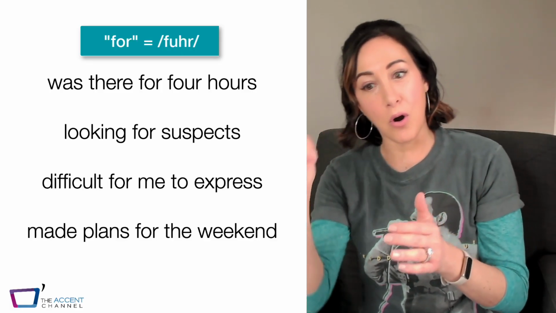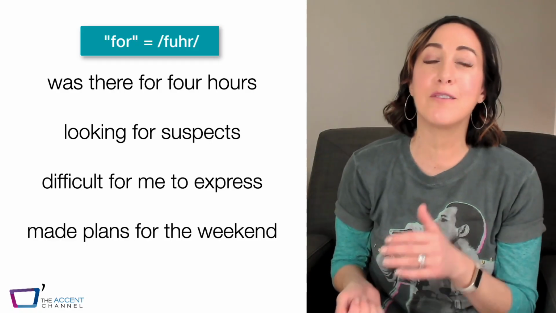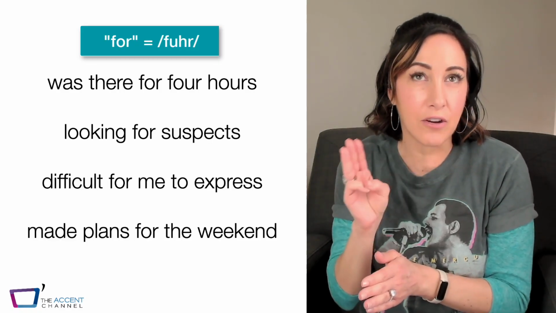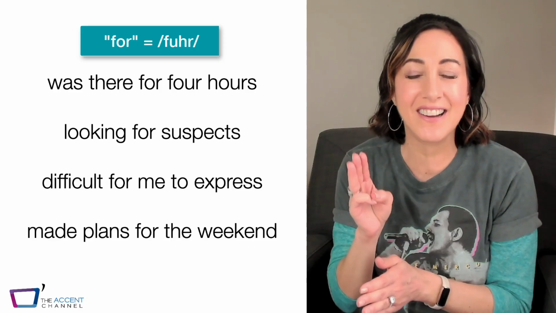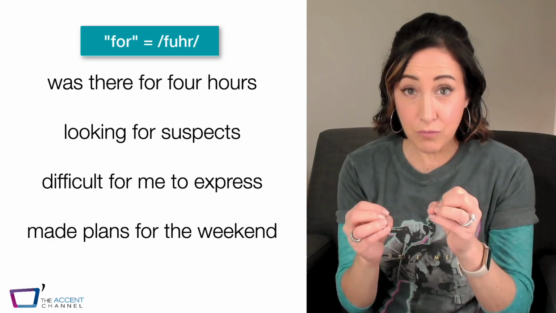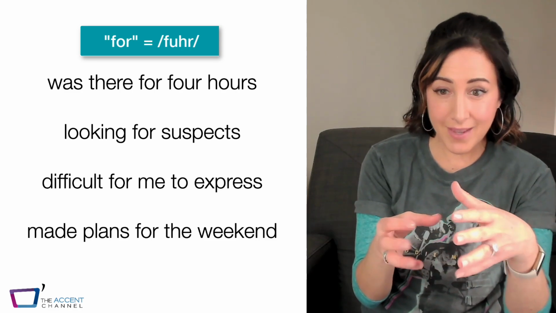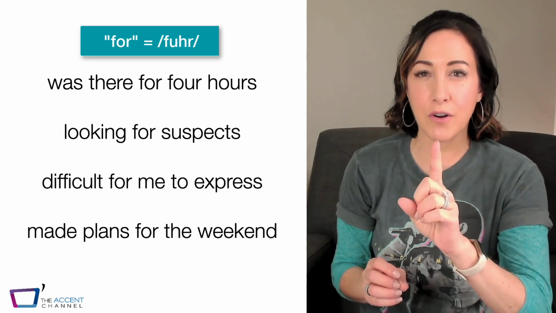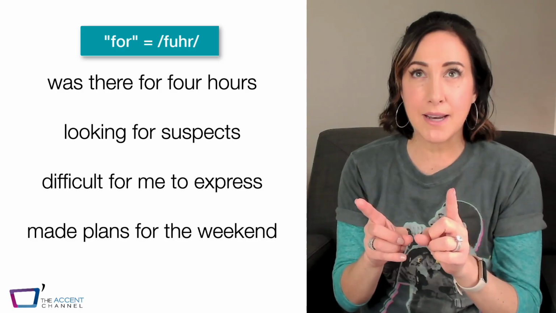For 4. 4 has that nice long wavy vowel. We're going to do that phrase like 3 times together, just so you can feel the difference between the reduced word for and the number 4. Let's take that phrase. I'll do it slowly the first time, then we'll speed it up.